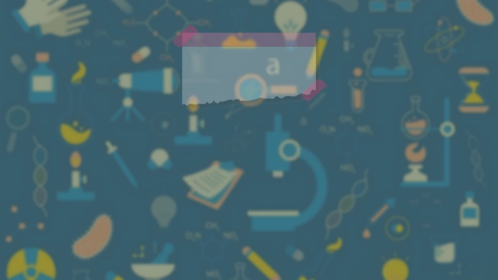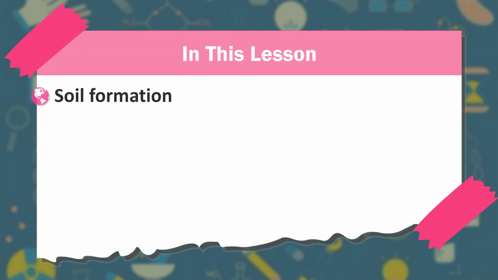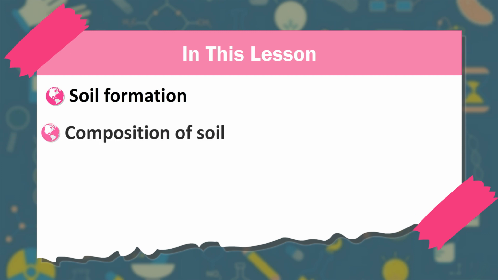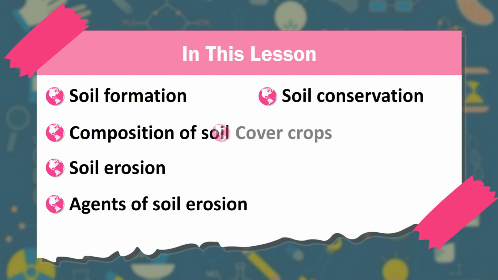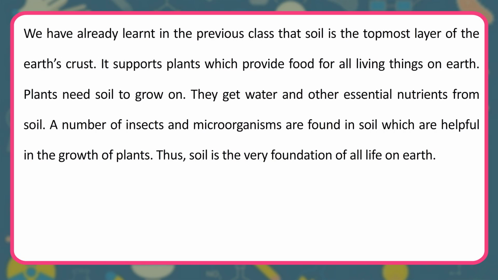Soil. In this lesson: soil formation, composition of soil, soil erosion, agents of soil erosion, soil conservation, cover crops. We have already learnt in the previous class that soil is the topmost layer of the Earth's crust.